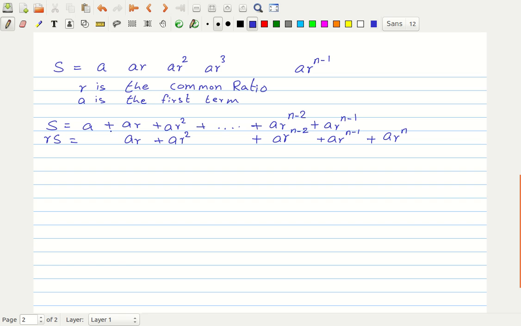All that is happening is I am just multiplying R to each of these terms and shifting it so that they are below their corresponding terms in the above sequence.